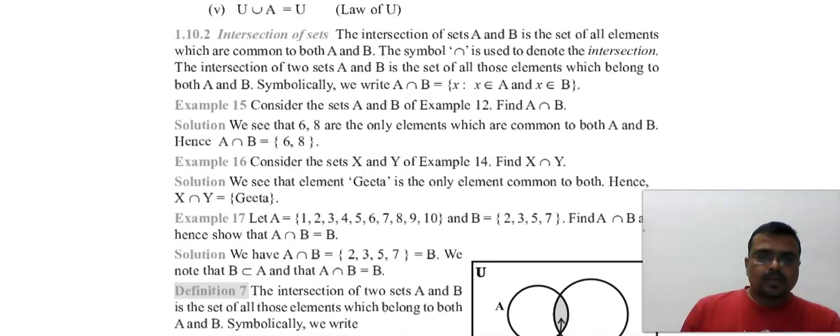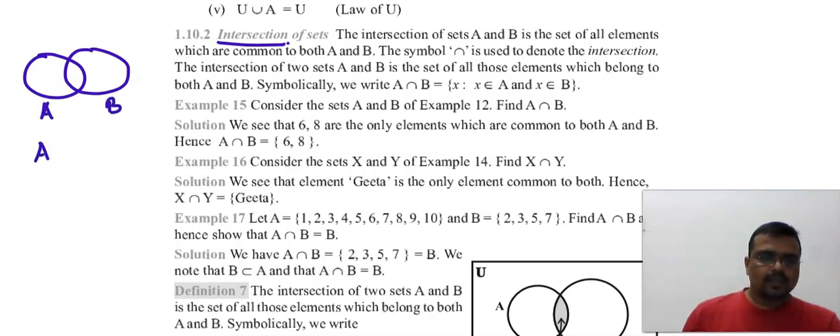Let's understand about intersection of sets. Intersection means common. Whatever is common between A and B will be called A intersection B. Let's say we have elements in A and B from 1, 2, 3, 4 and 5.